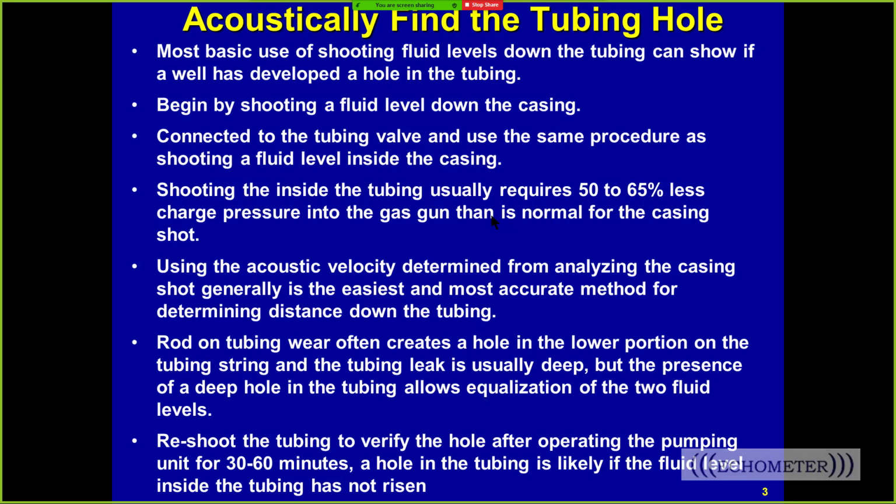And so we just say use the casing acoustic velocity when you shoot down the tubing, and that way when you see an upkick, you'll have the same acoustic velocity inside and out, and the upkicks will line up, and you'll be able to identify a hole that's above the liquid level.